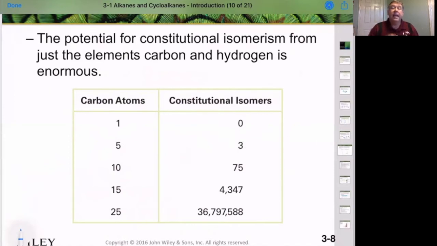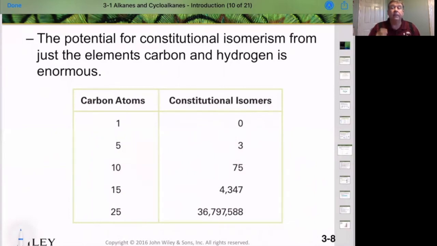If we double that to 10, we end up with 75 constitutional isomers. When we go to 15 carbons, that goes to 4,000. And by the time we get to 25 carbons, there are over 36 million different isomers available with just carbon and hydrogen. So the variety of these things is really, really high.